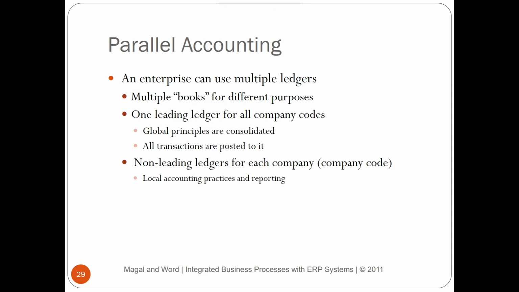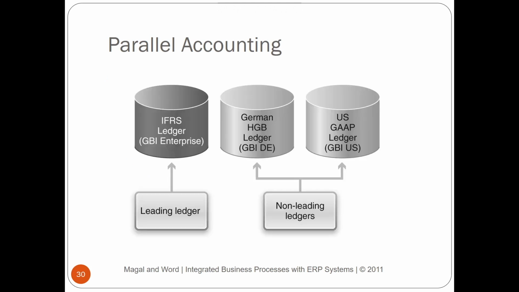The enterprise will define the non-leading ledgers for each company code based on the local accounting practices. For example, in the US or in Germany, there are differences. GPI has implemented the leading ledger based on the figure shown.